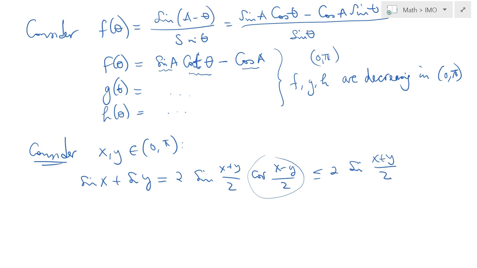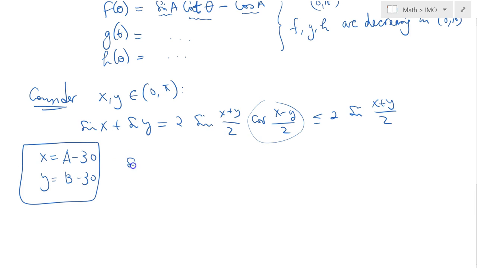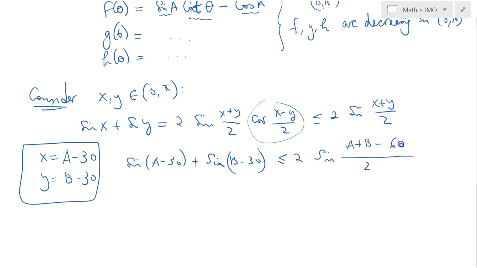In this formula, I will plug in two different pairs of numbers. First, let's plug in x equals a minus 30 degrees and y equals b minus 30 degrees. That would imply that sine of a minus 30 plus sine of b minus 30 degrees is less than or equal to 2 times the sine of a plus b minus 60 degrees over 2, right?